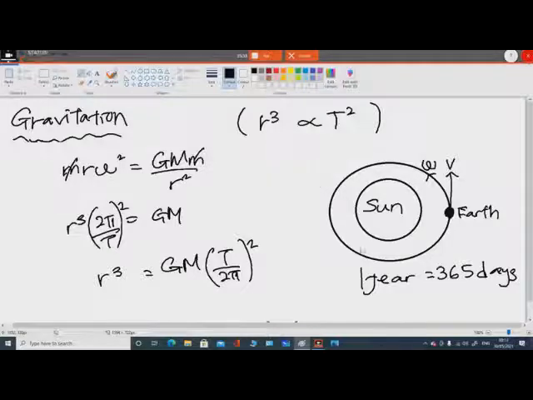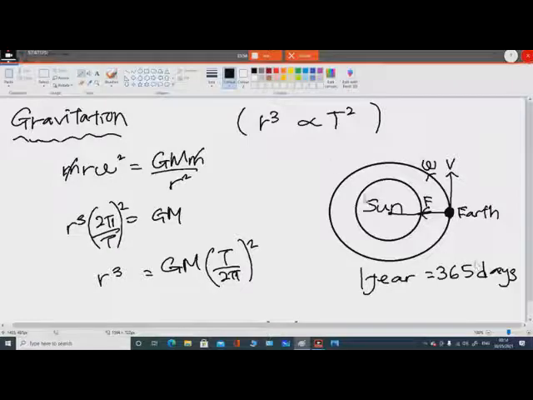So this means that the distance from the center of the Sun to the Earth will be our centripetal force.